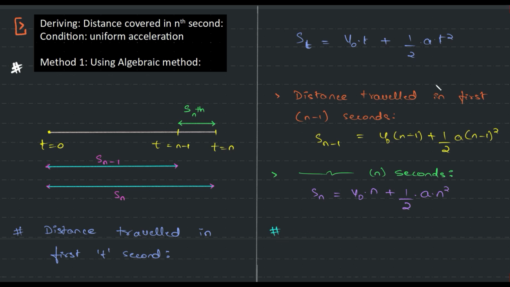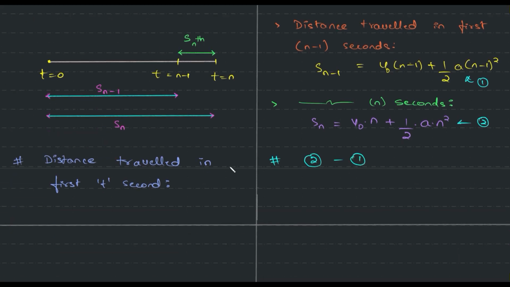Now we're going to subtract. This is 1 and this is 2. So 2 minus 1, right? That's how we'll be able to move forward.